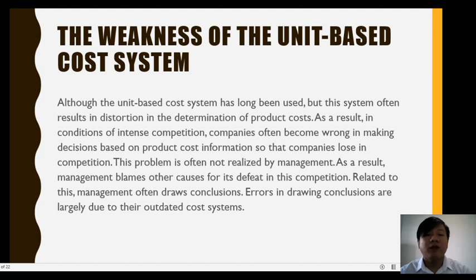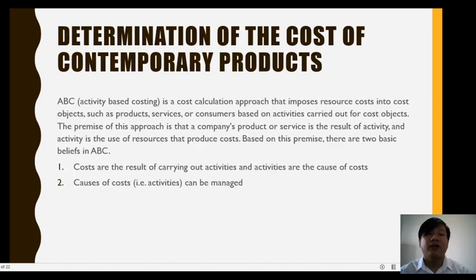This problem is often not realized by management. As a result, management blames other costs for its defeat in this competition. Errors in drawing conclusions are largely due to the outdated cost system.